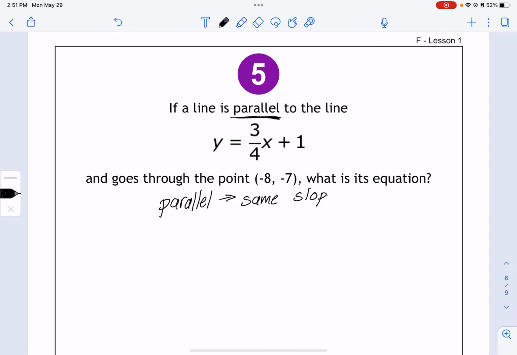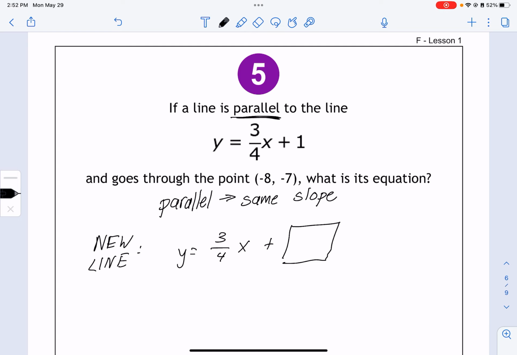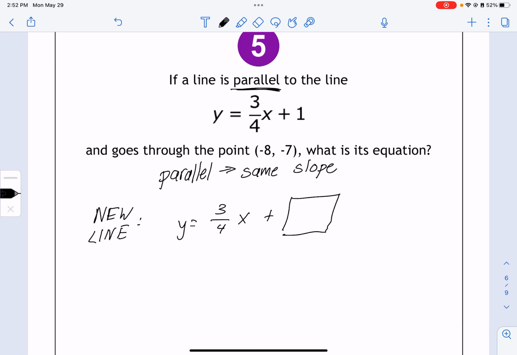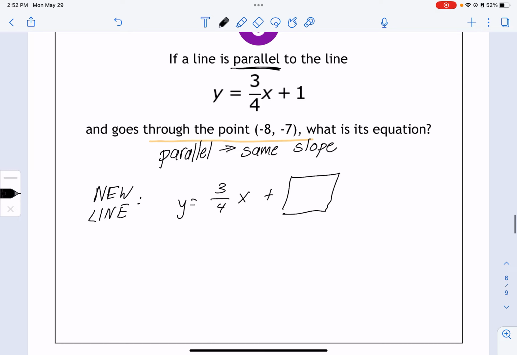So our new line is going to have that same slope, 3 over 4. The only question is, what is the y-intercept? We need to figure that out. Well, that's where we're going to use the other piece of information, that it goes through the point (-8, -7).